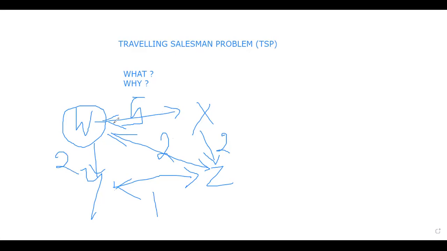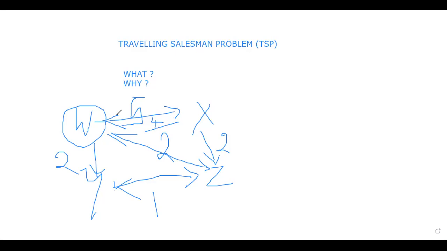When you're traveling from W to X, the distance might be 5. But as you can see, this is a double-sided arrow, which doesn't mean that this is the same path. It means when you're traveling from W to X, the distance might be 5, but from X to W, the distance might be different. Let's say it is 4.